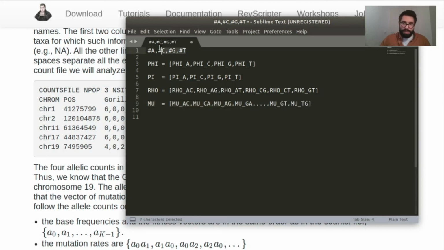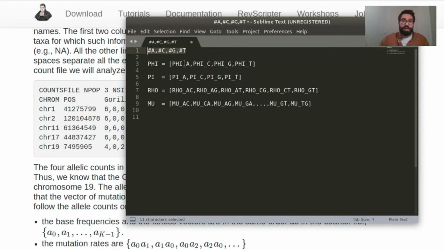So of course, this order matters to know at each position where some parameters that I might be interested in are located. And this is important because I might be interested in determining whether there is, for example, mutational bias towards G and Cs, and I want to know what the base composition is, if it's heterogeneous or homogeneous, and I want to know which nucleotides stand out from the base composition vector.